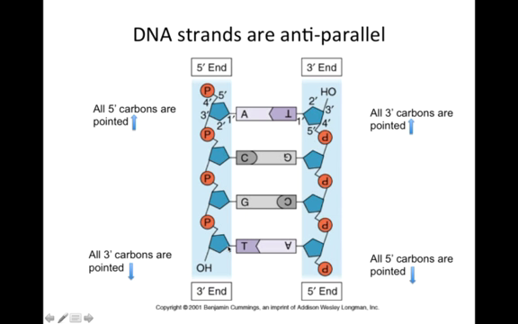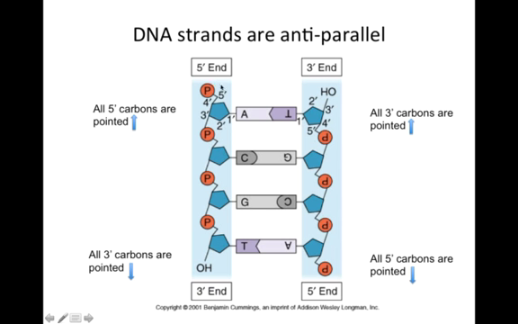So if we go around 1, 2, 3, there's the 3' carbon right there. So on this strand of DNA, the 5' carbon's at the top, the 3' carbon's at the bottom. On the other strand, the 5' is at the bottom and the 3' is at the top. Another thing you can do is you can look at where the phosphate groups are.